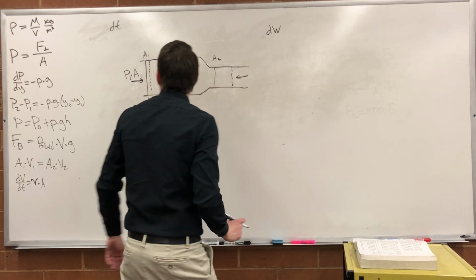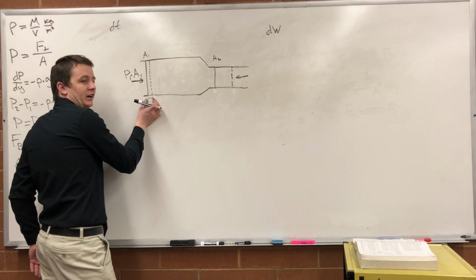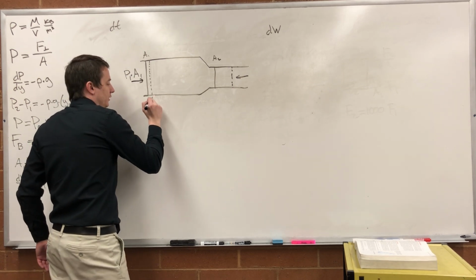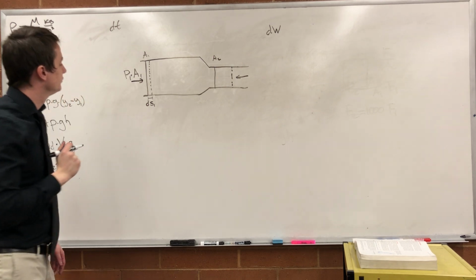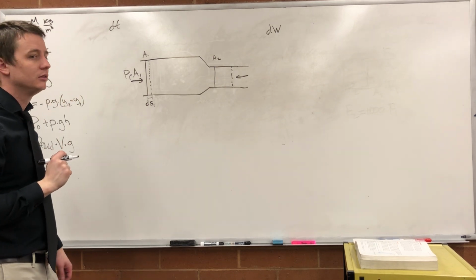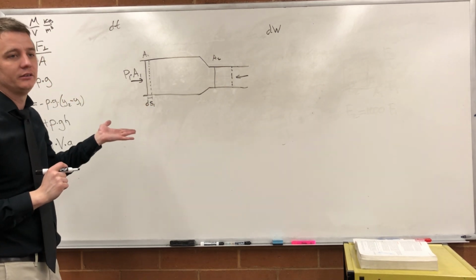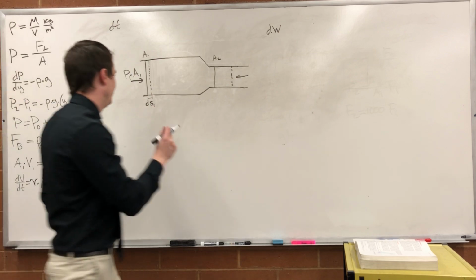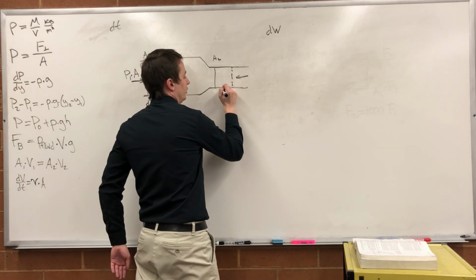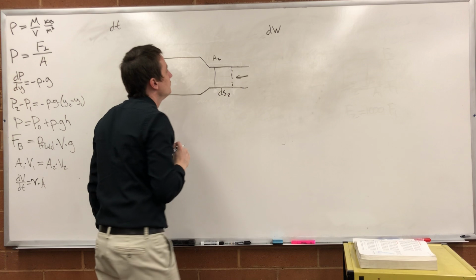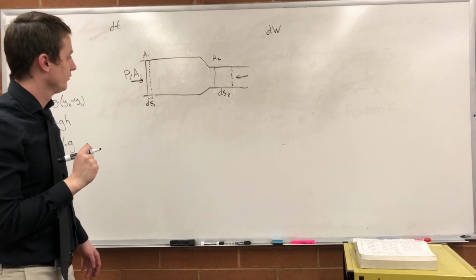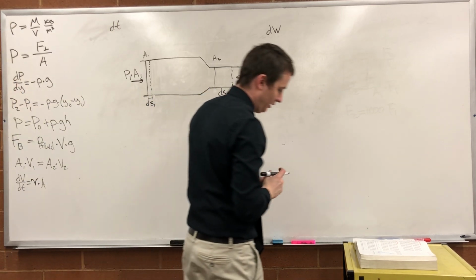Okay. And we'll call this displacement over some time dt ds1. We use ds for some arc length. And then we'll call this one over here ds2, over the same time dt.